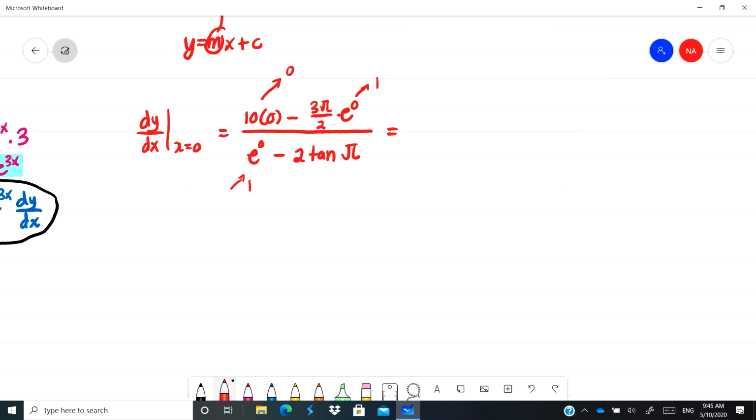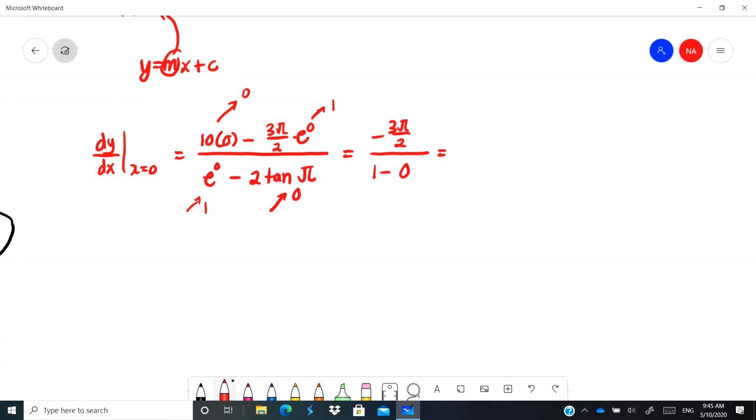At the numerator, I'm going to have negative 3 pi over 2 minus 2 tangent pi. Make sure that your calculator is in radians. Tangent pi will be 0, so this part will be 0. So my final answer should be negative 3 pi over 2.